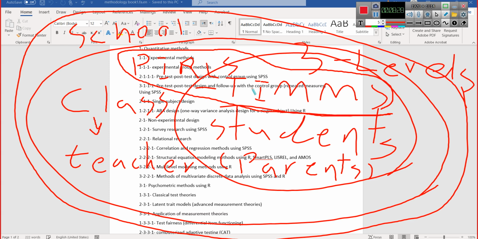We have also the school level. The most important psychological and educational practices variables related to the school level are about the principals. Principal variables.